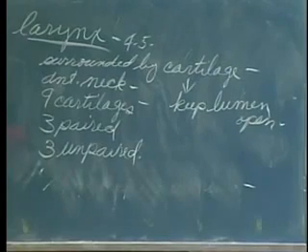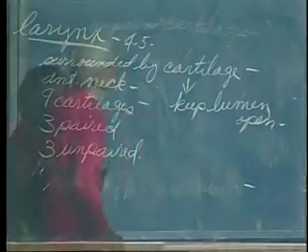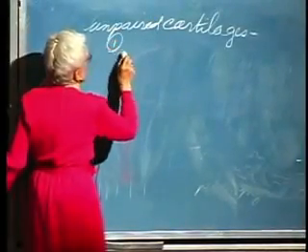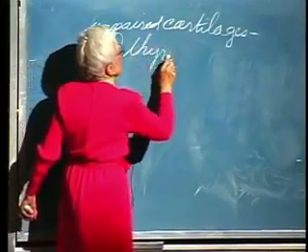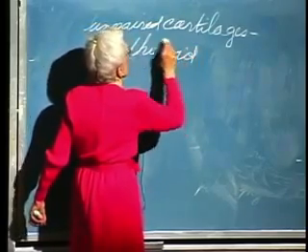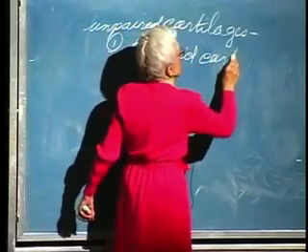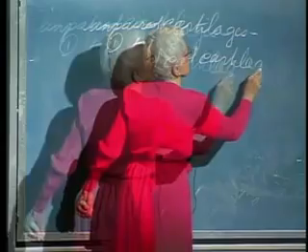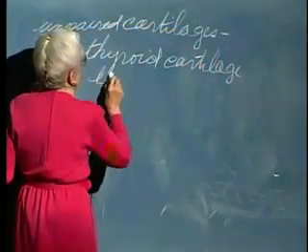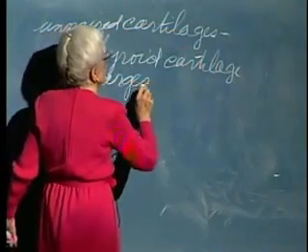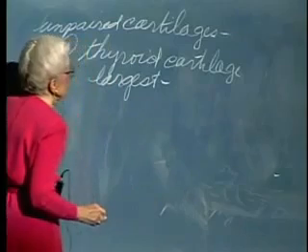So unpaired cartilages. First, we'll have the thyroid cartilage. It's the largest. It's the first part of the larynx.